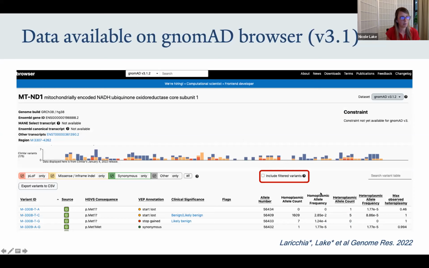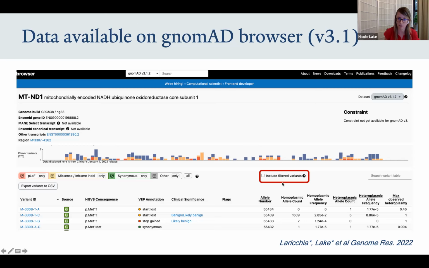You can see it provides homoplasmic and heteroplasmic allele frequencies. I also wanted to note that you can browse variants that we filtered out due to various quality control checks. Something that we commented on in the manuscript was that we recommend caution against using the absence of a variant in gnomAD as evidence of pathogenic support, because it's possible that we actually did call it, but it was filtered out due to one of the various filters we applied.